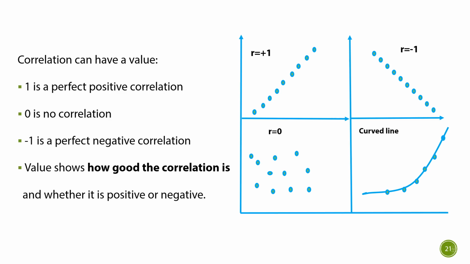Whenever R is equal to -1, it is a perfect negative correlation, and the value of the correlation coefficient shows how good the correlation is and whether it is positive or negative. So in the diagram, whenever correlation is positive, the line is going upwards from left to right, and whenever it is negative correlation, the line is going downwards from left to right.